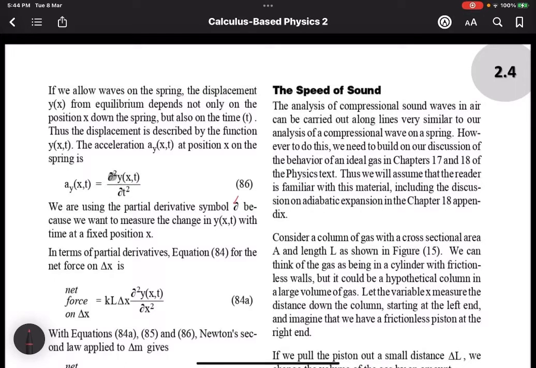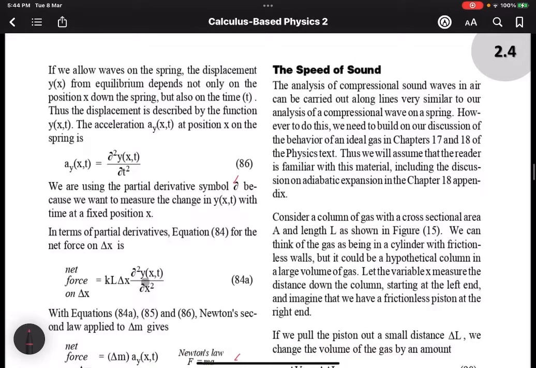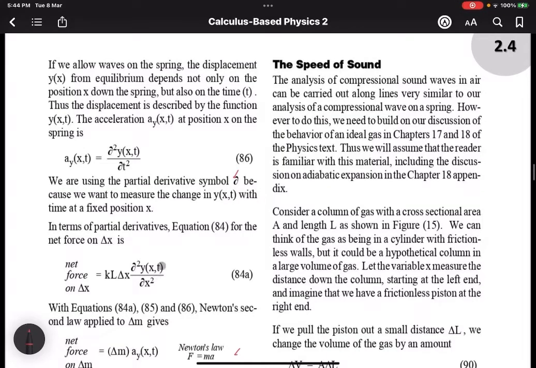So if you remember, ito yung ating formula for symbol for partial derivative. So t squared ang nasa ilalim niyan kasi fix yung position natin, no? Kung ito ay x squared naman, katulad nito, then the t is constant. Okay? So, ito yung sa ating acceleration.